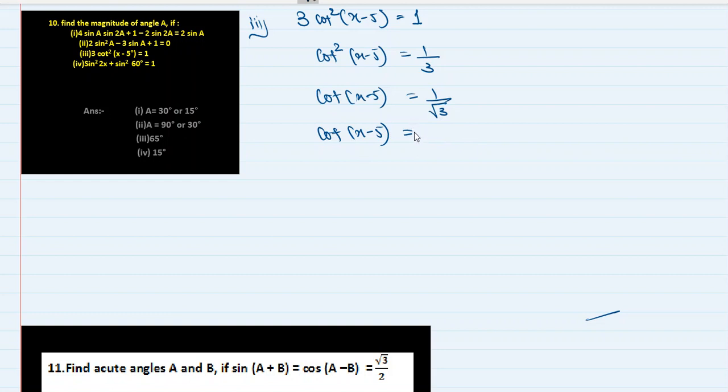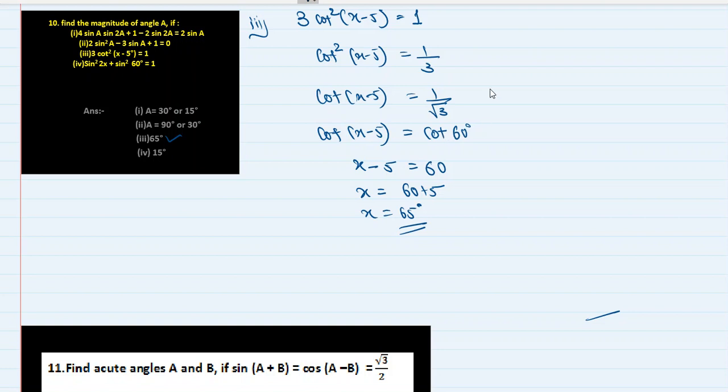Now see, cot 60 is 1 by root 3. So I can simply write it as cot 60. And removing cot from both the sides, x minus 5 is equal to 60. So x is equal to 60 plus 5. So x is equal to 65. That's the third answer. This was comparatively quite simple.